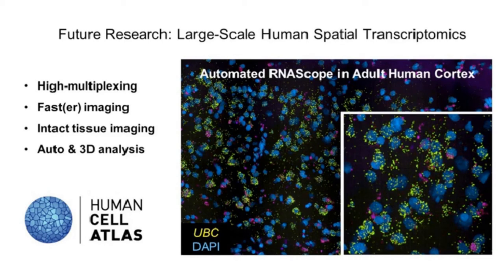This is work that I am planning to focus on for the brain as well as other human organs, through my ties to the Human Cell Atlas at the Sanger Institute. And in terms of some of the technical benchmarks, the direction that we're really interested in is improving the multiplexing of our approach from 4 genes to many genes.